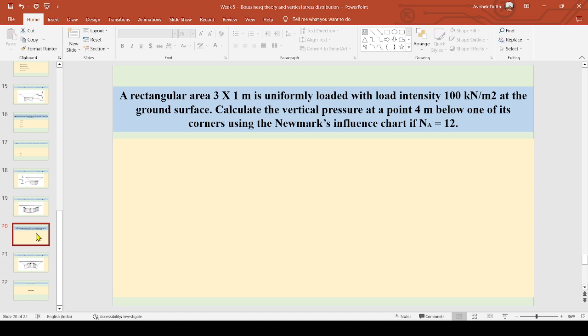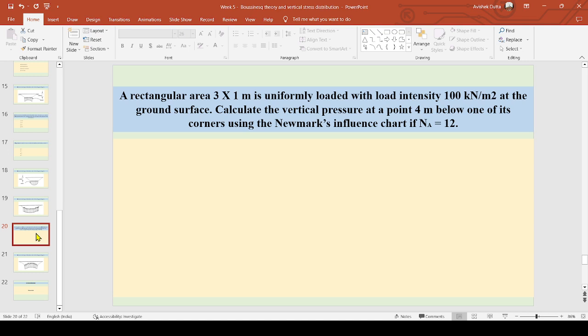If Na equals 12, number of sectors is 12 considered over here, number of sectors covered in that loading area is 12, and the influence factor we should take as the generalized influence factor, which is given in the original Newmark's chart.